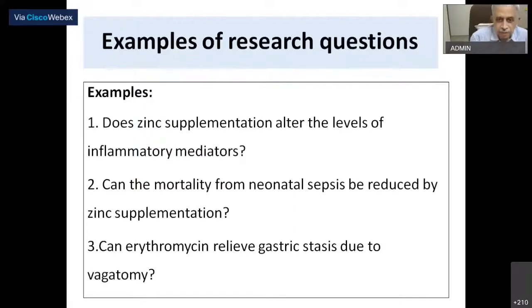We also wanted to study whether the mortality in neonatal sepsis can be reduced by zinc supplementation. We wanted to study whether erythromycin can reduce the gastric stasis due to vagotomy. This is not, of course, a pediatric question; it is taken from surgery or medicine. So you may have an issue in your mind, then you put a question.